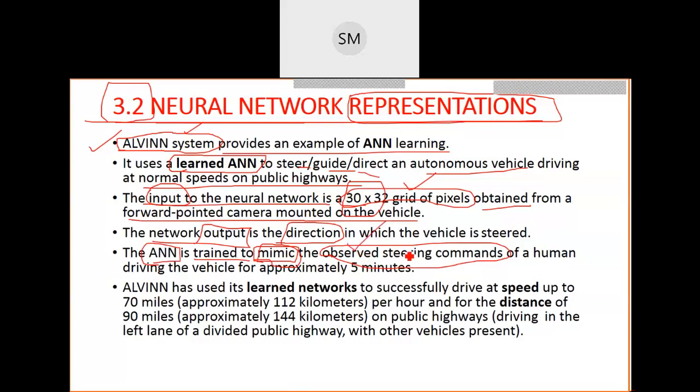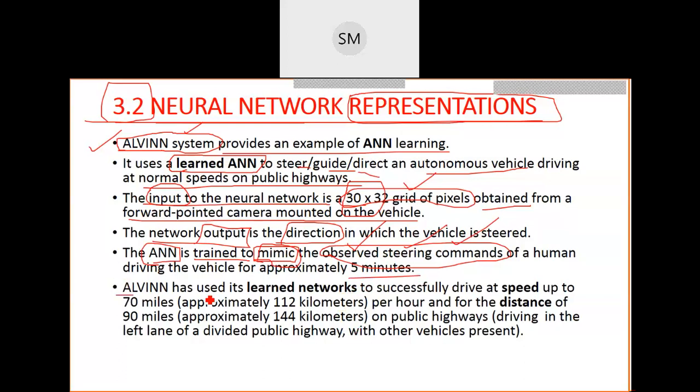It has observed some steering commands by observing the human driver for approximately 5 minutes on a straight highway or a highway which contains some curves. Based on this 5 minutes of experience, it can start to drive the car automatically.